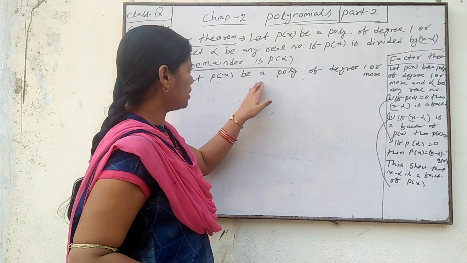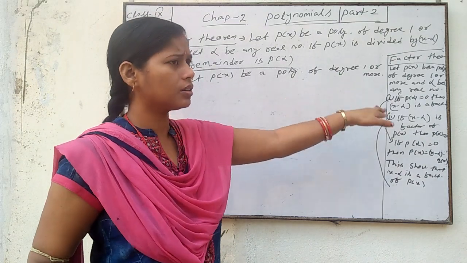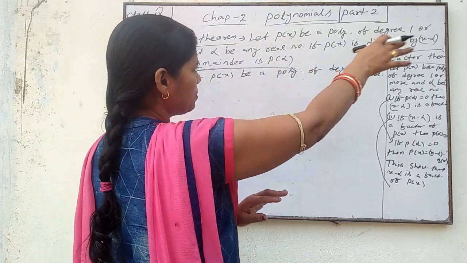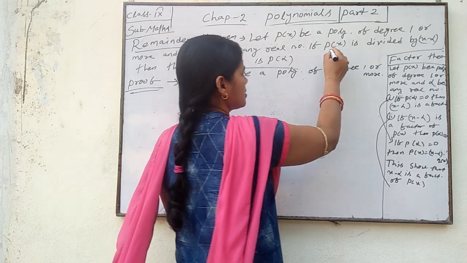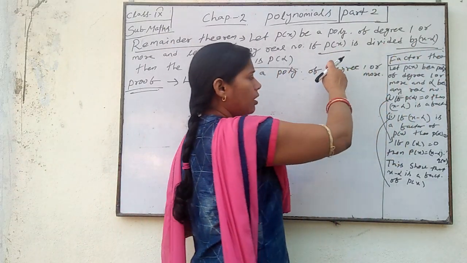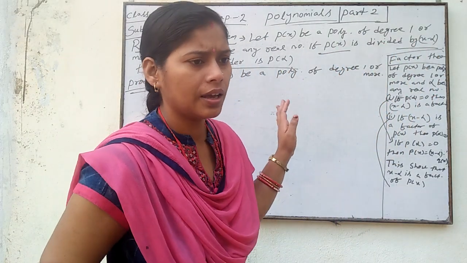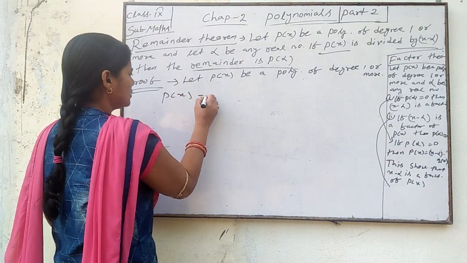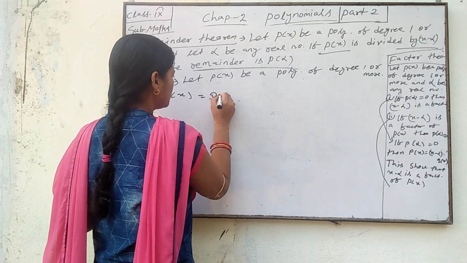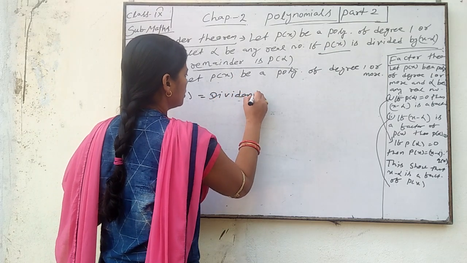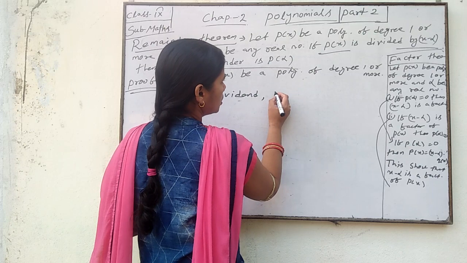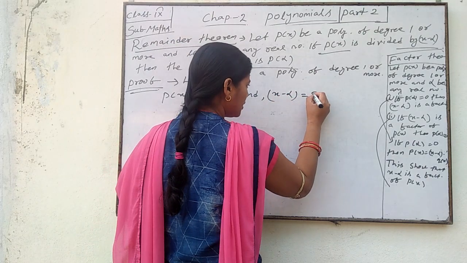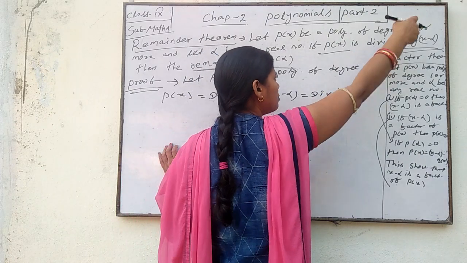Let p of x be a polynomial of degree 1 or more. Now p of x is divided by x minus alpha, it means p of x is the dividend and x minus alpha is the divisor, because this is divided by this.